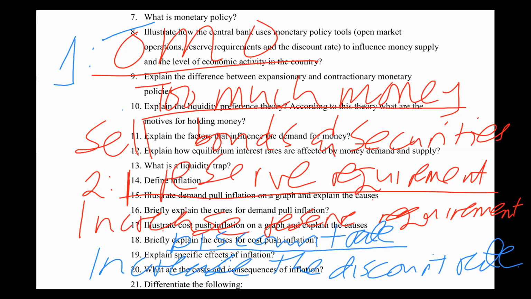If the commercial banks don't have enough money to issue out as loans, then that will reduce the supply of money. So basically, that's how the central bank uses these tools to control the supply of money, specifically when there is too much money in circulation. Is that clear?